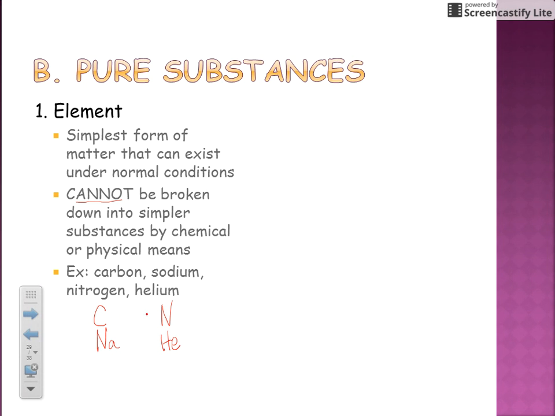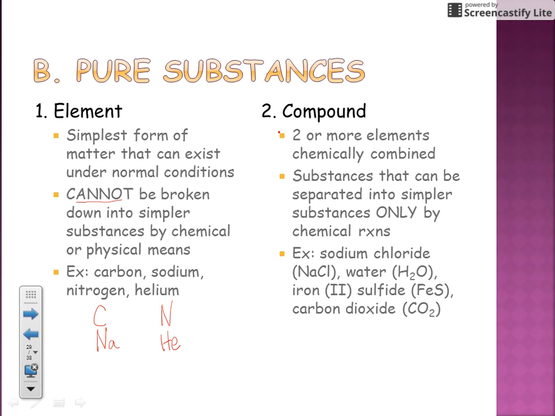Now, when these elements come together and combine chemically, that's when they form a compound. This is the other type of pure substance. Compounds are two or more elements chemically combined. That means they can only be chemically separated. So substances that can be separated into simpler substances only through a chemical reaction is a compound.